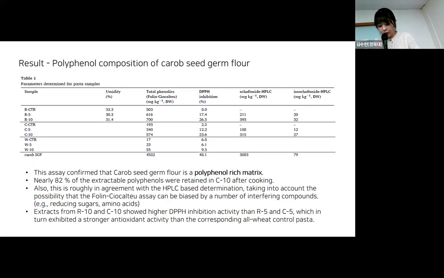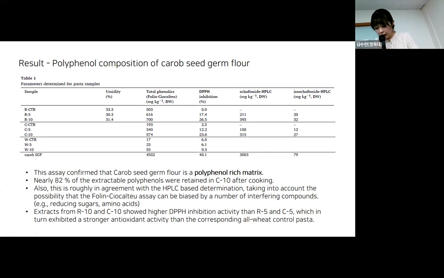So the total polyphenols were determined in raw and cooked pasta samples and in cooking water using the Folin-Ciocalteu spectrophotometric assay, as reported in table 1. So this assay confirmed that carob flour is a polyphenol-rich matrix.